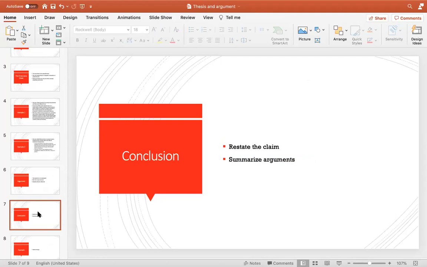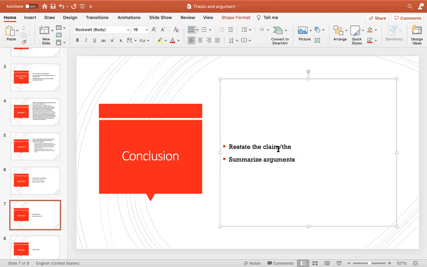In the conclusion, you restate your claim. By that, I mean restate your thesis statement. You restate your thesis statement, and also you summarize your arguments. Now notice, you wrote your arguments in 3 to 4 paragraphs. But in the conclusion, don't rewrite all those paragraphs. Just one line for each paragraph is enough.